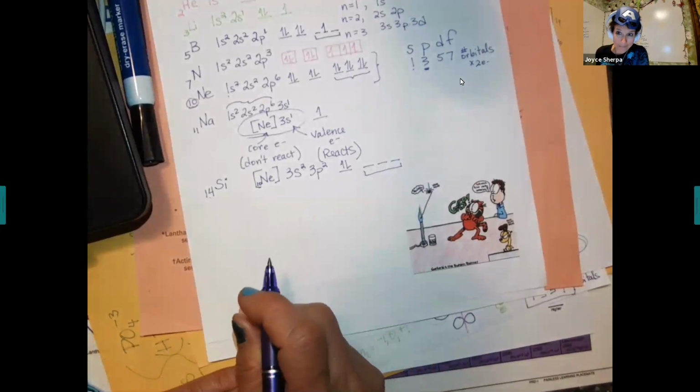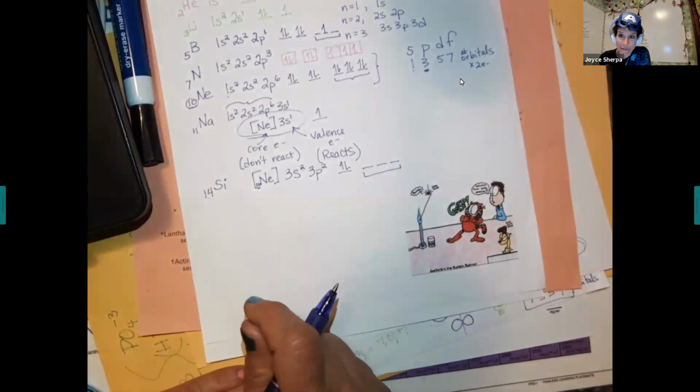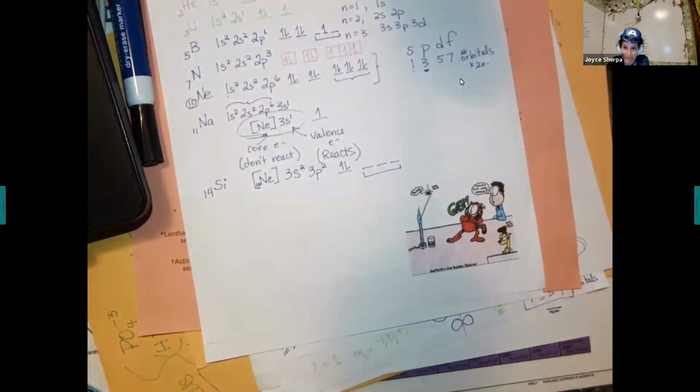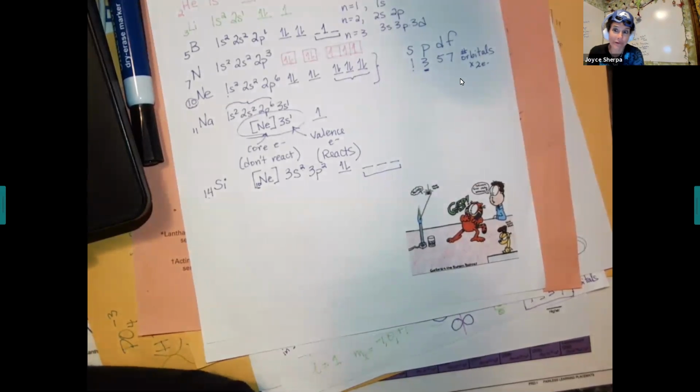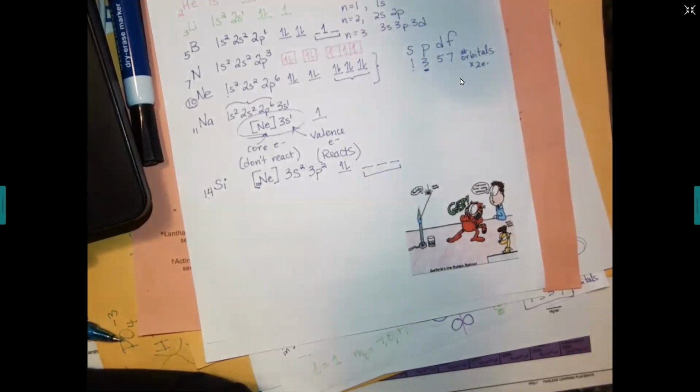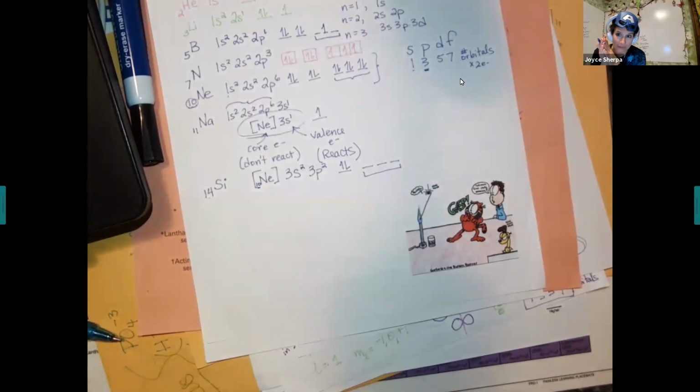And what happens now? Where do those 2 electrons go? They have a choice, but only some choices. So really the question I should ask is, where do they not go? Together. They do not go together. So they cannot pair up.